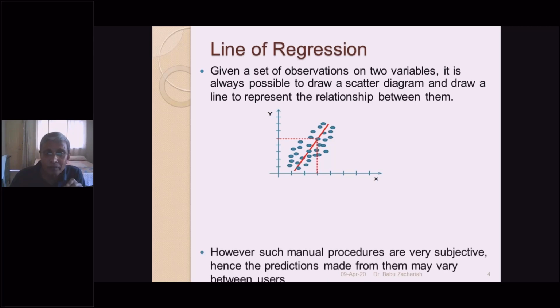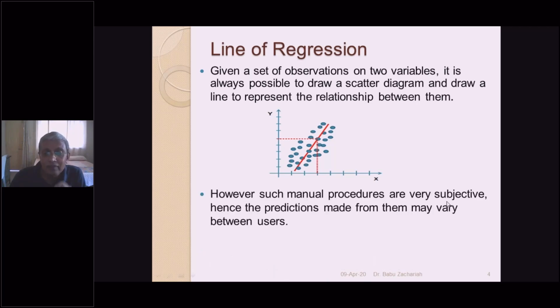What's the problem? This procedure of drawing the line manually is subjective. Means what? When you draw the line, different people may draw different lines. Say for example, another person may not draw the line like this.